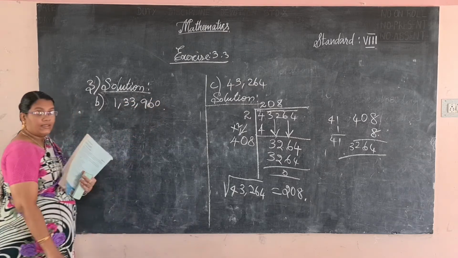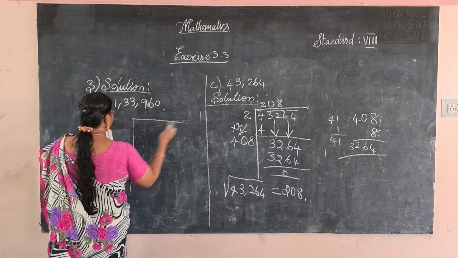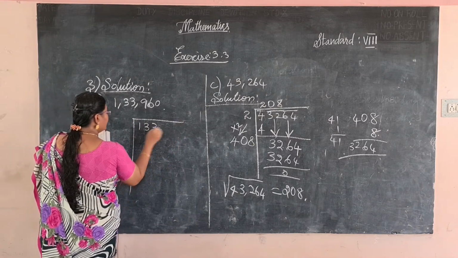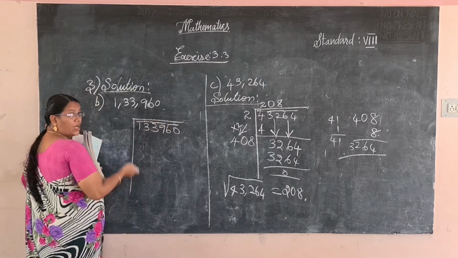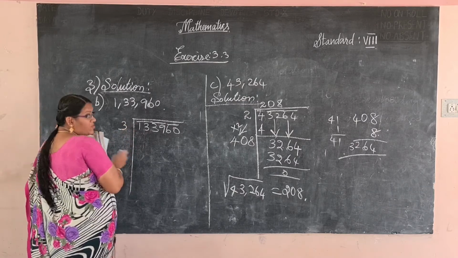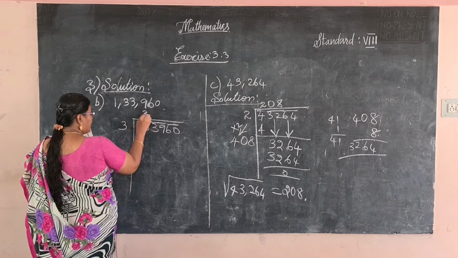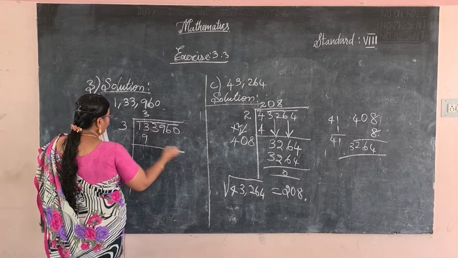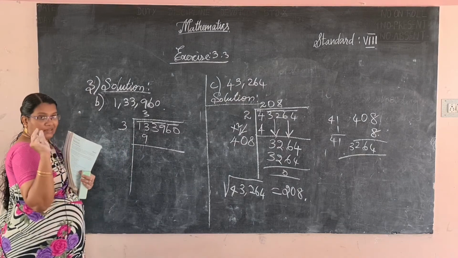1,33,960. So divide into pairs. Now see how many squares in 13?